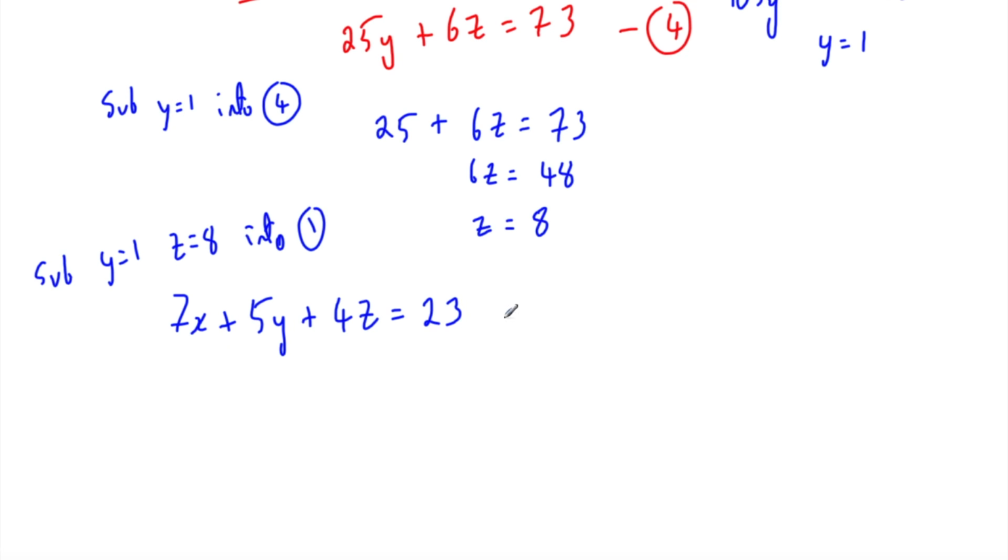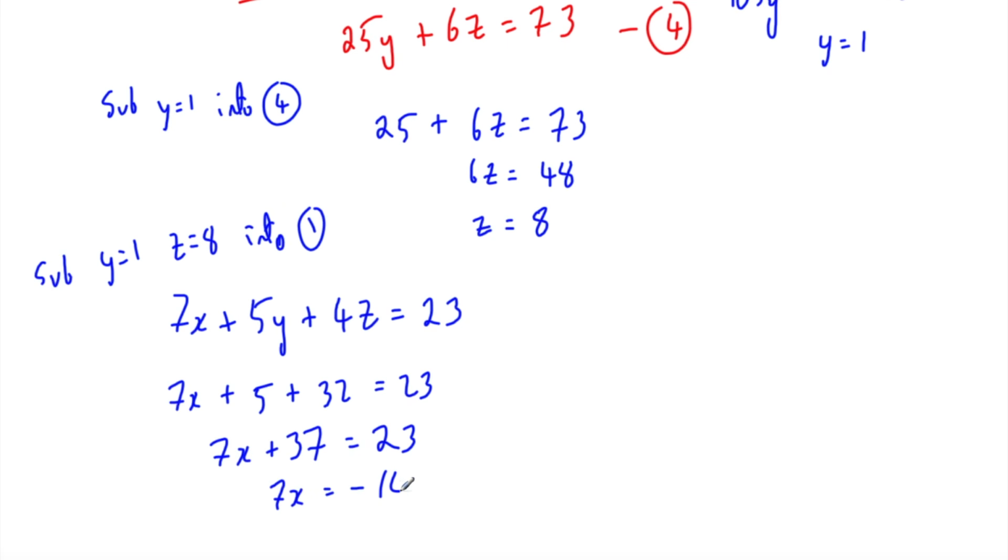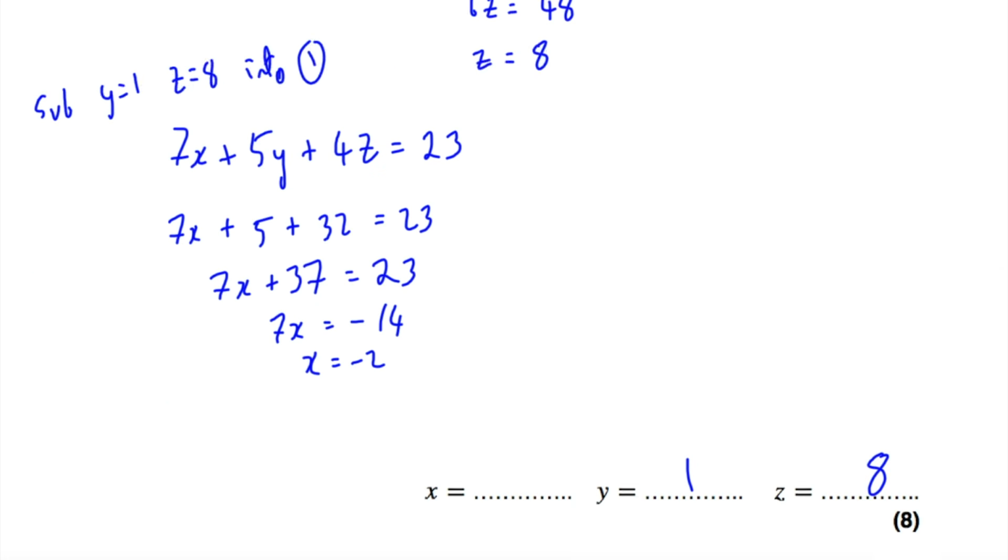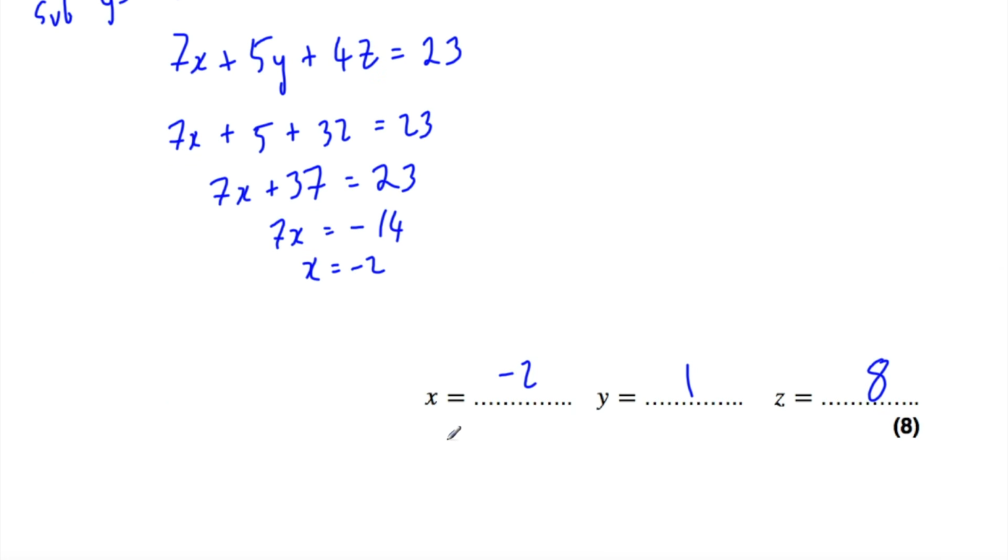So we've got 7x, plus 5y, so 5 times 1 is 5, plus 4z, 4 times 8 is equal to 32, and that equals 23. 5 plus 32 is equal to 37, so we've got 7x plus 37 equals 23. If we take away 37 from both sides, we get 7x equals negative 14. And if we divide by 7, we get x equal to negative 2. So that means x equal to negative 2. And that's it. So x equal to negative 2, y is equal to 1, and z is equal to 8.